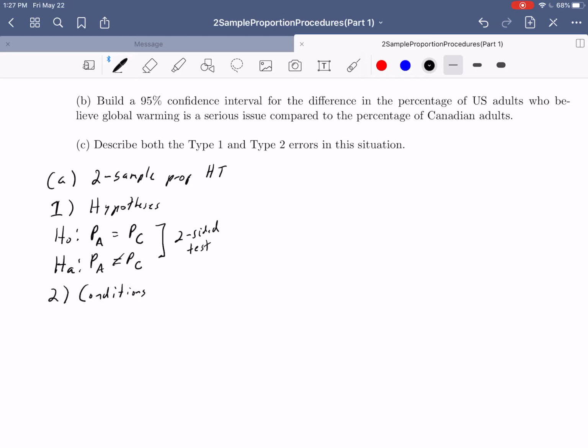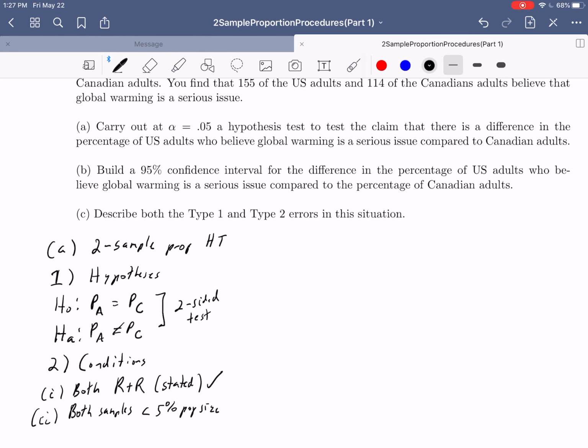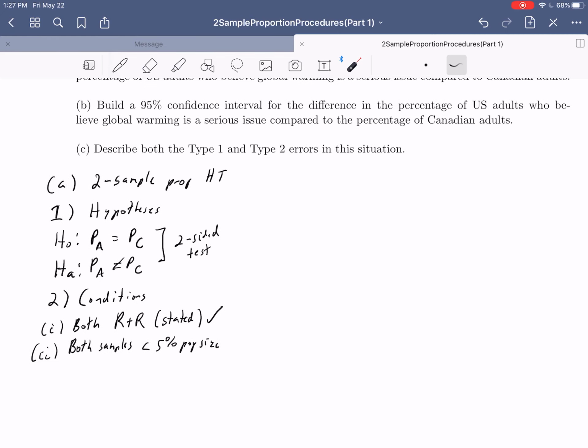We need both samples to be random and representative, and that has been stated. They were both random samples. Then we need both samples to be less than 5% of the population size. What are our two populations here? We're talking about all U.S. adults and all Canadian adults.